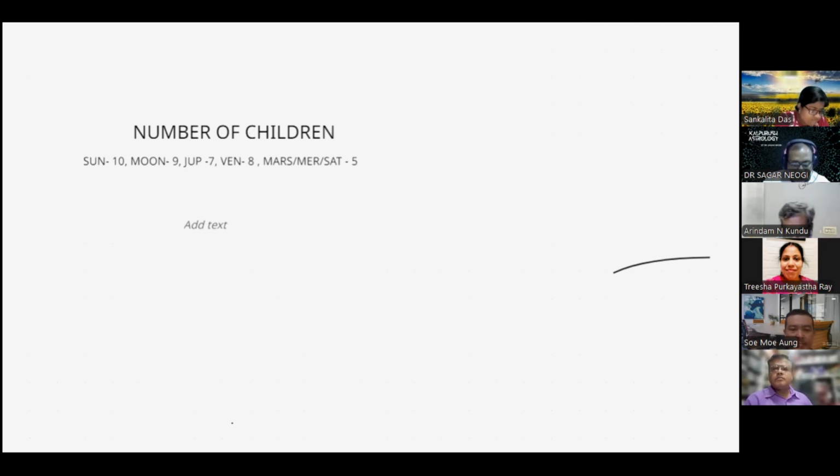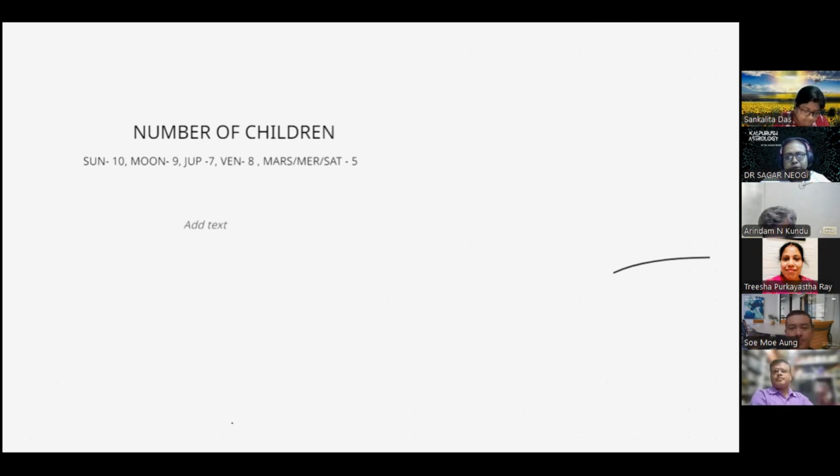The formula for children is: deep debilitation longitude minus the planet's longitude, into the number of Rashmi, divided by 180 degrees. Yes, because longitude is coming, degree will be divided by degree.